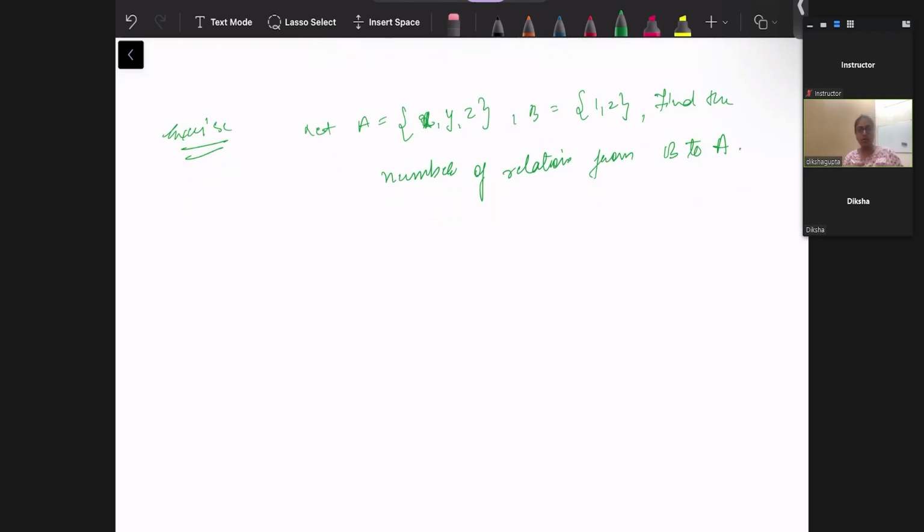So this was all for the relation, Cartesian product and relation. This is all we need to know to get to the most important and final part of the chapter, which is function.